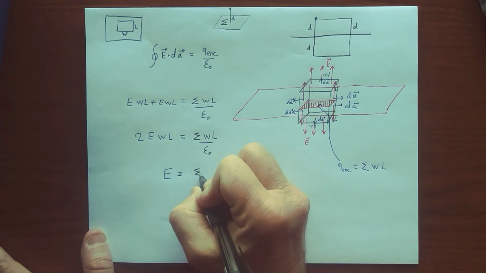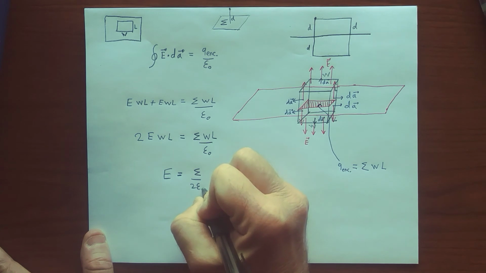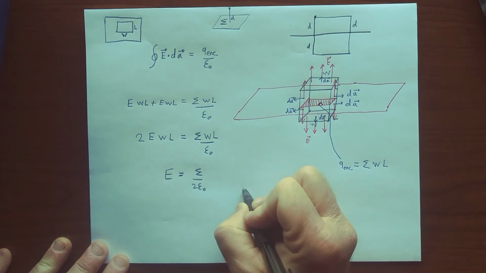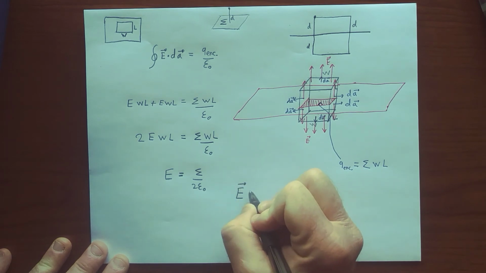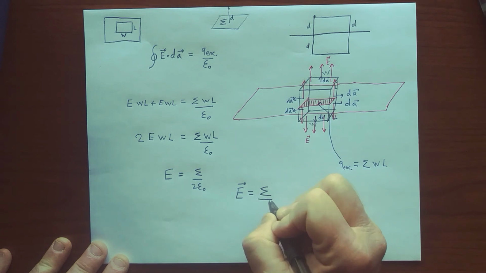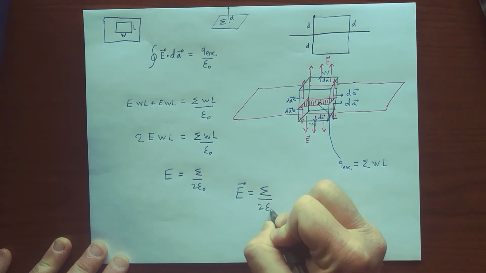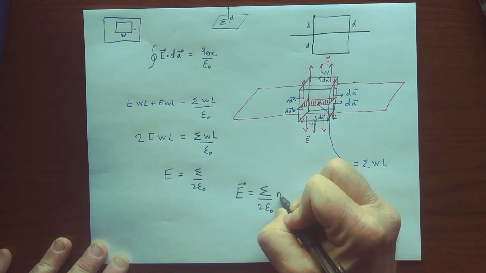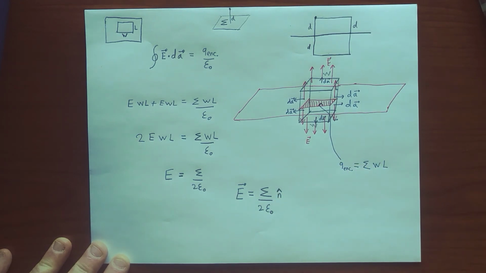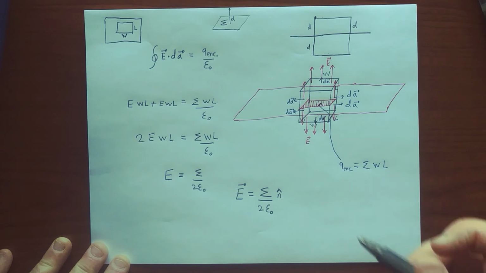It's just sigma over 2 epsilon naught in magnitude, and we can turn that into a vector as we did before by associating a unit vector that we already know must be normal, must be n hat, because the electric field is normal to the red plane.